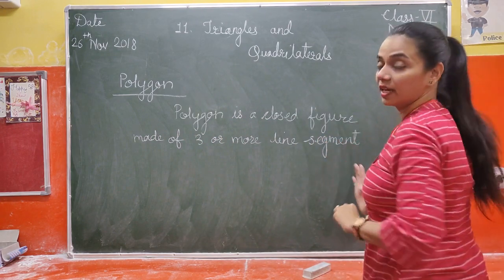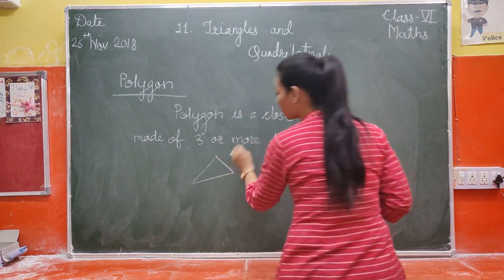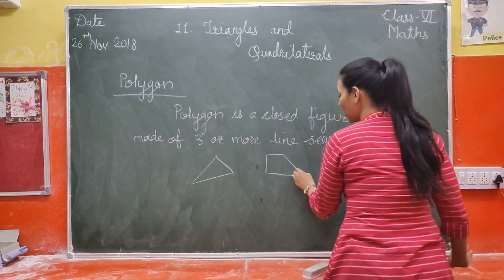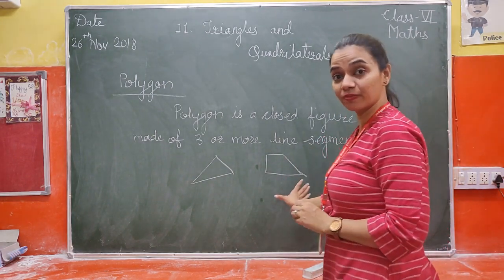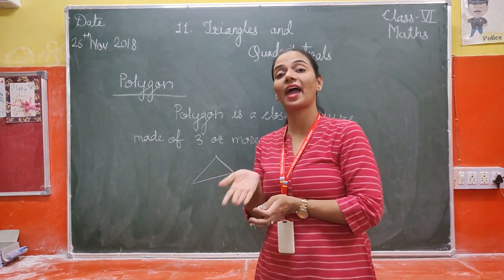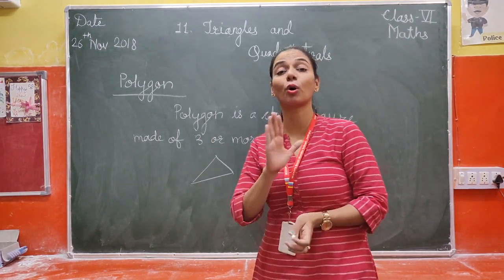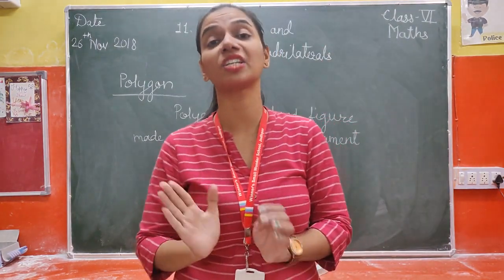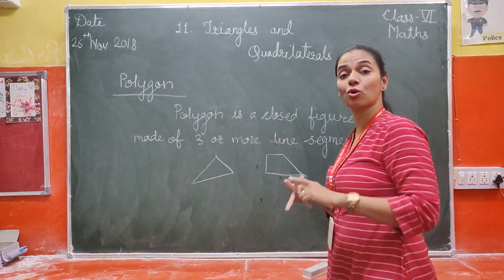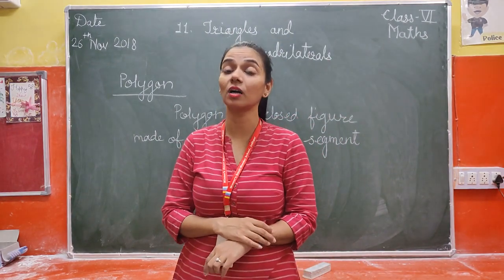Any figure which is made of line segments, and the minimum number of line segments should be 3, that is a triangle, and you can have more than 3. Any figure made by line segments that is closed, that is, the initial and the end point of the figure are the same, is a polygon. Quadrilaterals and triangles are types of polygons, right? A polygon with 3 sides is called a triangle, and a polygon with 4 sides is called a quadrilateral.